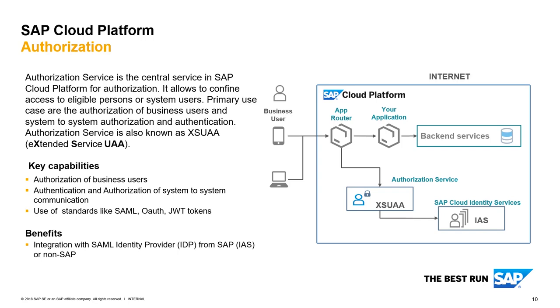The authorization service is also known as XSUAA. It makes use of open standards like SAML, OAuth, and JWT tokens. It allows the integration with identity providers from SAP and, due to the support of open standards, non-SAP identity providers.